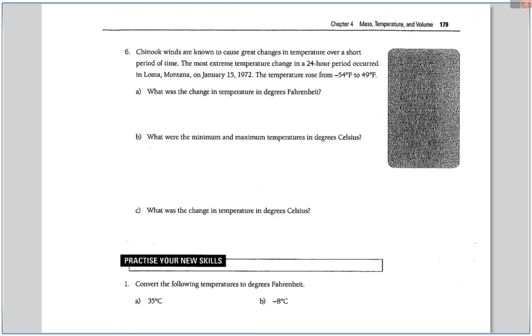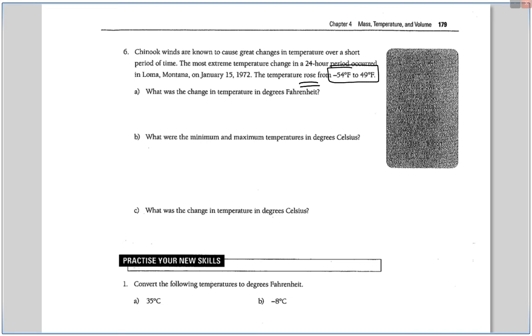Okay, Chinook winds, extreme temperature change. Here's a temperature change right there, it rose. Okay, so what was the change in temperature in degrees Fahrenheit? Well, I'll draw a picture for you. And you might remember a thermometer or a number line. Let's put 0 in the middle.